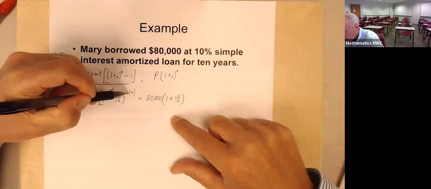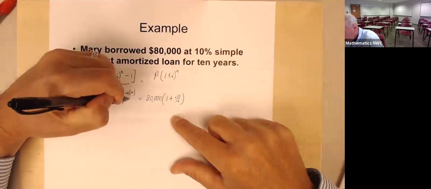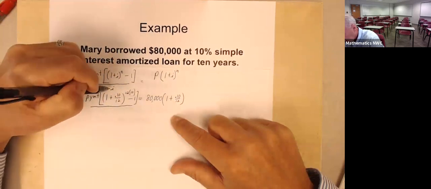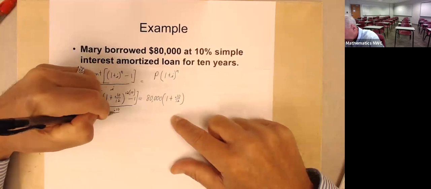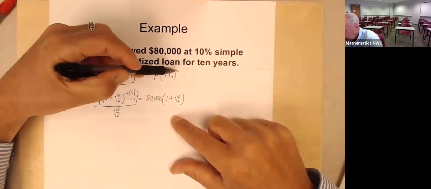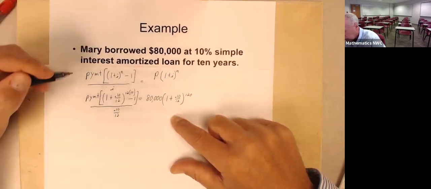And it's the same 12 times 10 for N as it was here. I forgot my minus 1. Forgot to plug that in over here. Just filling in those other amounts. The N then is the same 12 times 10 or 120.